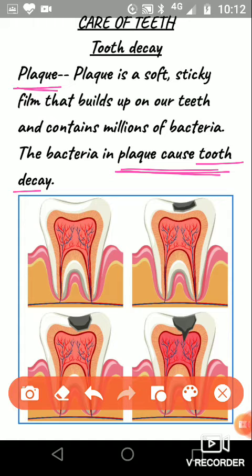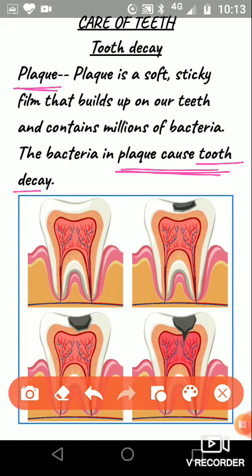If the food contains sugar, this sugar is decomposed or broken down by the bacteria, and it produces a certain kind of acid. Though that acid is not very strong, when it stays for a longer time, it starts decaying or degrading your enamel.